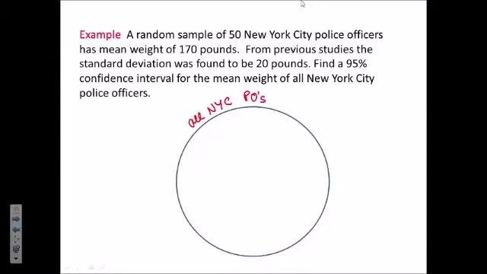The parameter of interest is mu, the population mean, the mean weight of all those officers. We'd like to know something about mu. The way we're going to do it is we're going to use inferential statistics. We're going to take a sample of New York City police officers. Now, the sample size is 50.